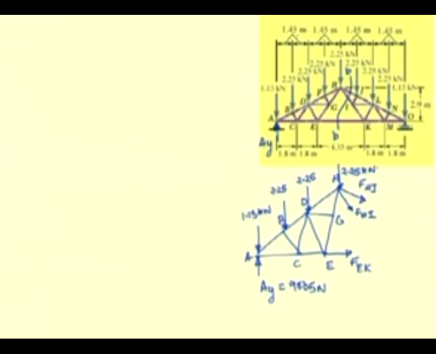So, let us write the equilibrium equations from this free body diagram. Since we are interested in determining the force in the member EK, it is convenient to take the moments about this point H, where the forces HJ and HI are concurrent, and the only unknown will be the force in the member EK, and it can be determined.